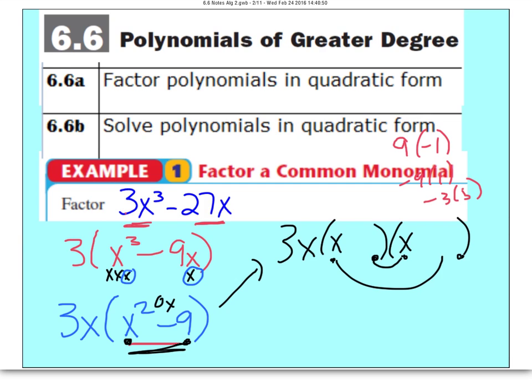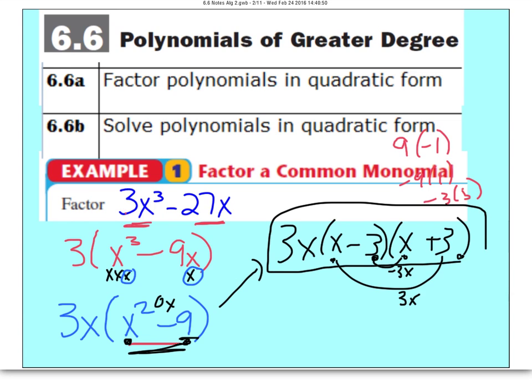In this case, if we do negative 3 times a positive 3, that is the negative 9 right here. And this is negative 3x, positive 3x, which adds to no middle term. This right here is the fully factored answer.